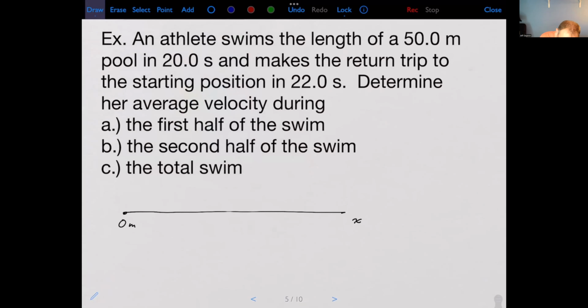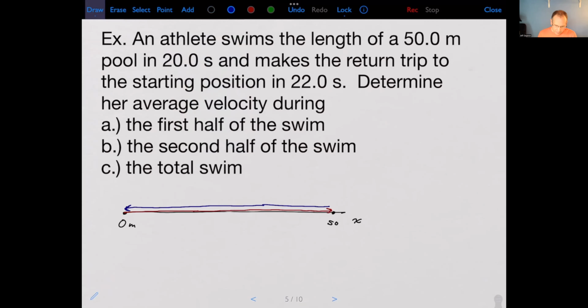And she's going first to the right to 50, right? So that would be one length of the pool. And then the second, and again, it's hard to draw this because it's really on top, but I'm going to draw it right next to it. The second displacement is swimming back to the initial position, the starting position.